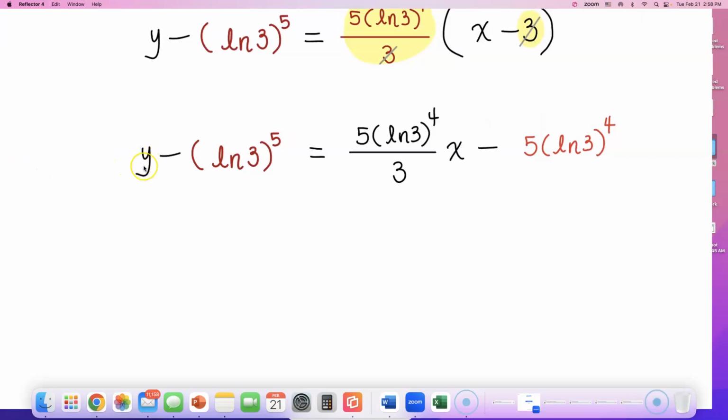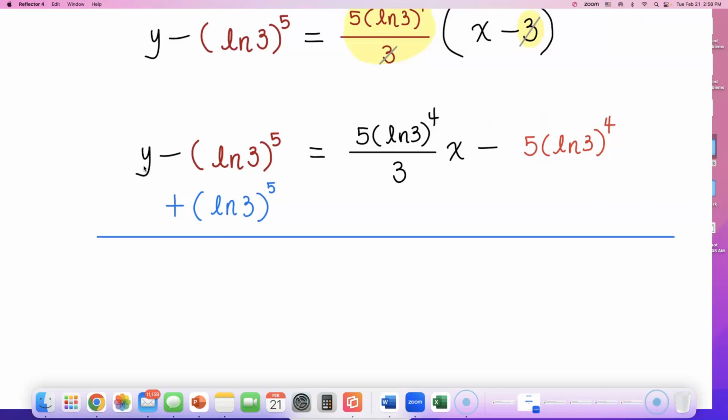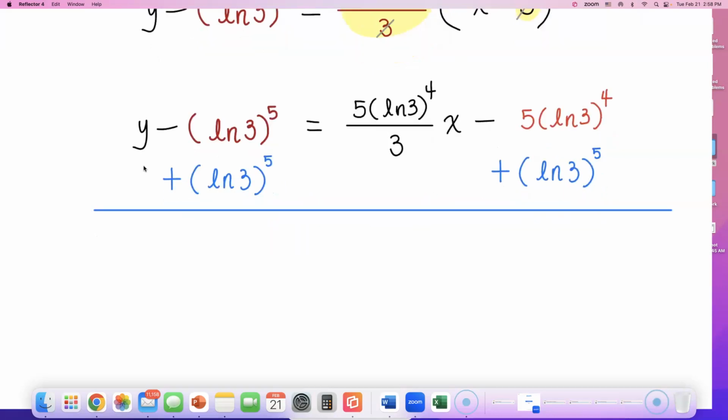I need to have y by itself. So I will need to add natural log of 3 to the 5th power on both sides. So I'm going to add the same thing to the right side too. Okay? Alrighty, I think we're done. So this cancels out.